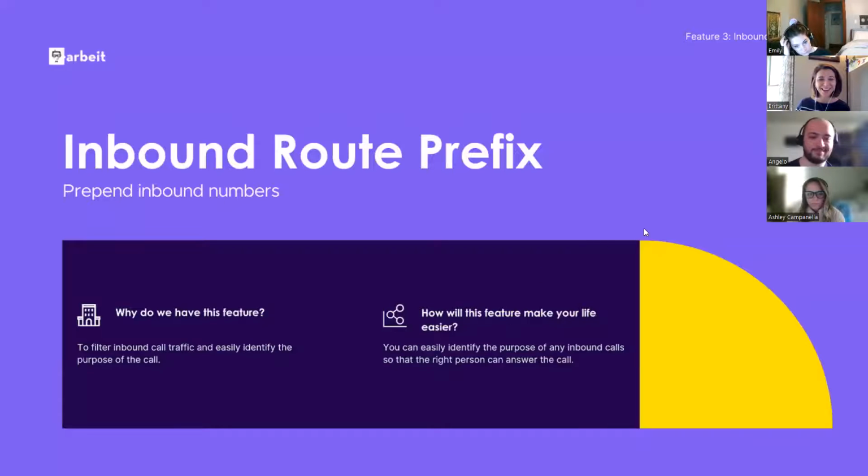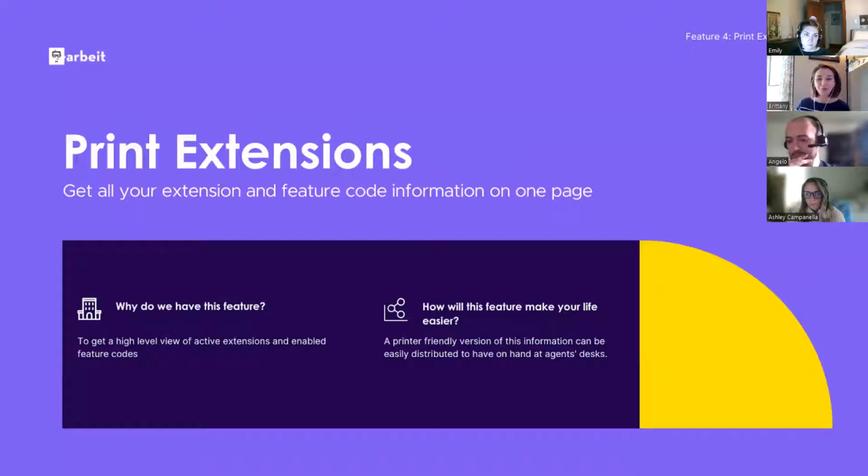All right. And then the print extensions, we'll talk about that. This is pretty straightforward, really easy, but very useful to have just in case you forgot about it. You can actually print out all your extension and feature codes on one page. Why do we like this feature? It's high level and you'll be able to see all the extensions and enabled codes.